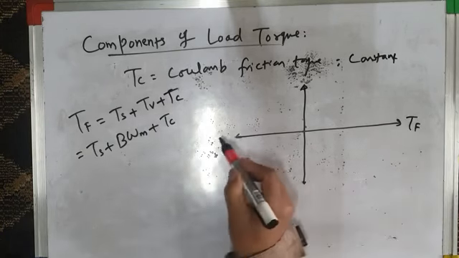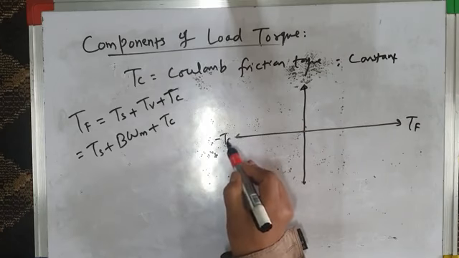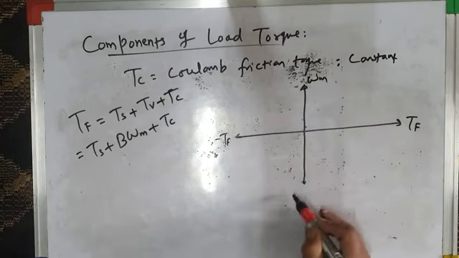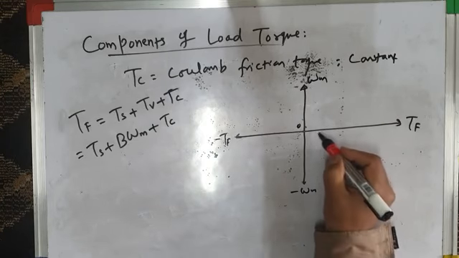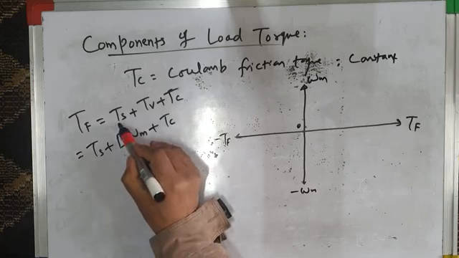This is friction torque, this is minus TF, this is speed omega m, and this is minus omega m.